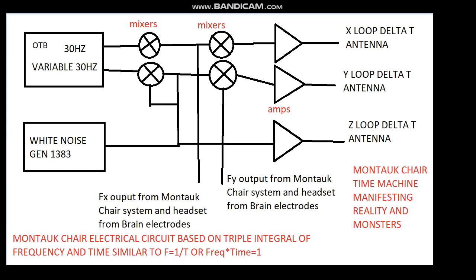And so this was all what Preston Nichols was talking about. And it all makes perfect sense, because we know that the time field equation is frequency equals 1 over time. Or if you multiply both sides by time, you get frequency times time equals 1.